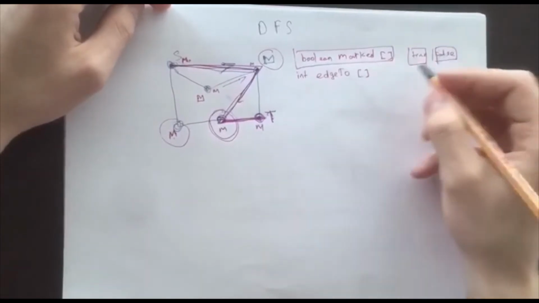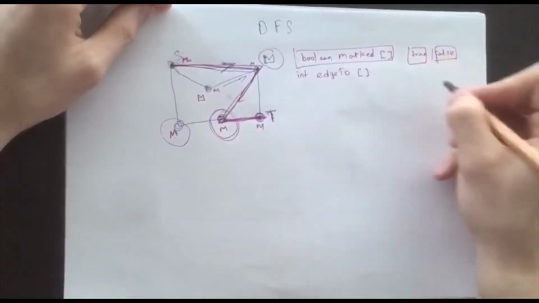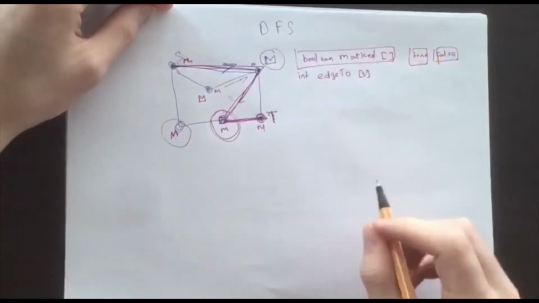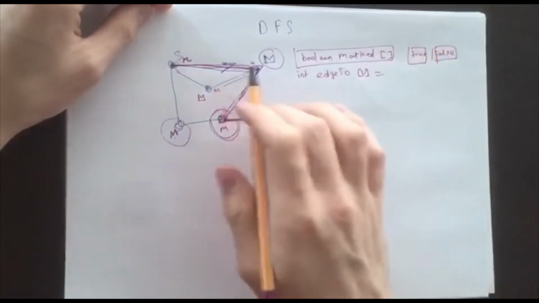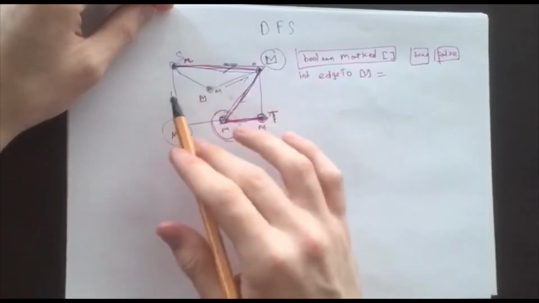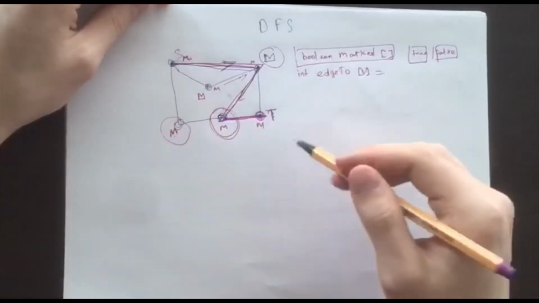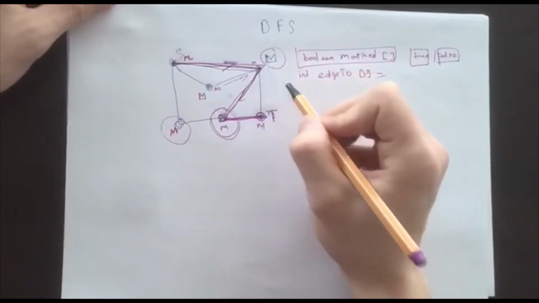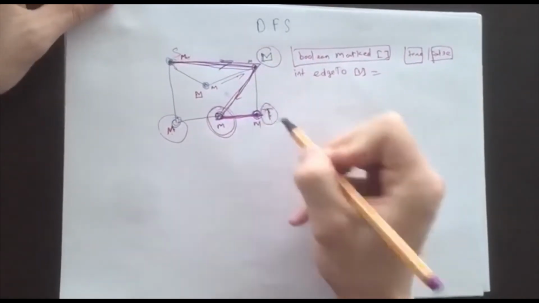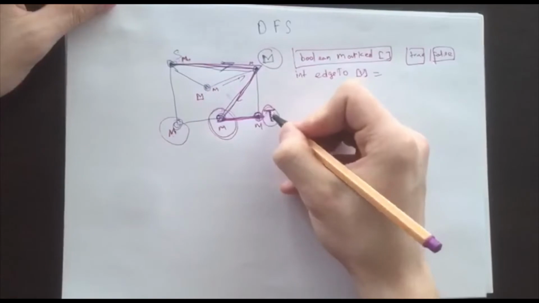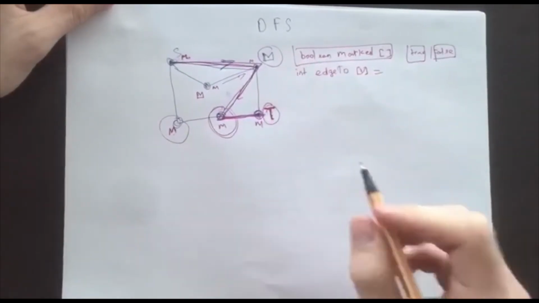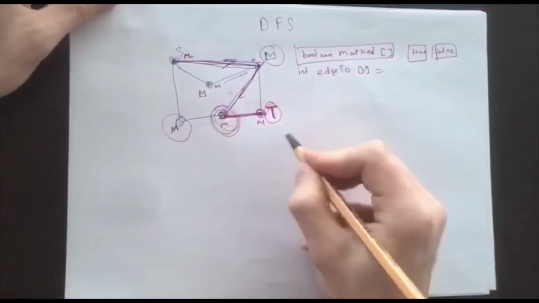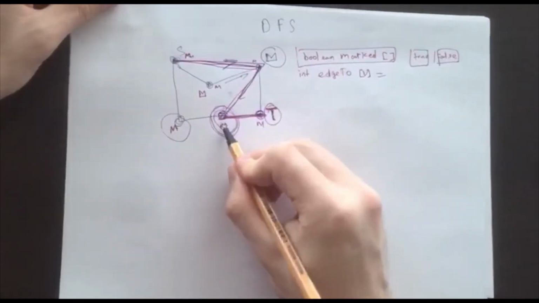EdgeTo, here we are going to write the vertex one hop before, from which vertex we are going to come to this vertex. For example, if we take this target as our target, the edgeTo must be this vertex, because we have an edge from this vertex to this vertex.